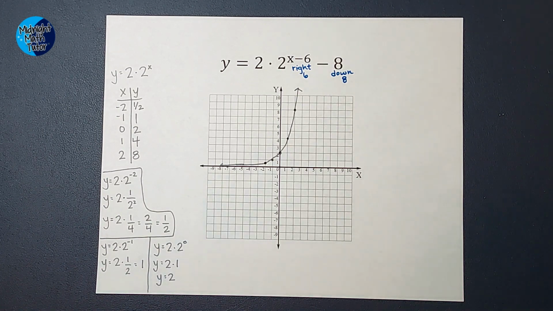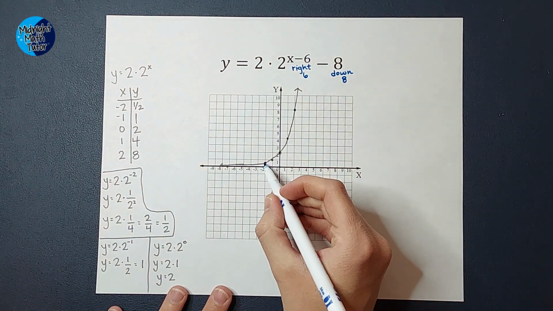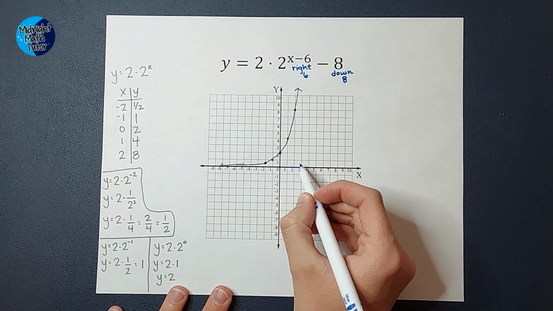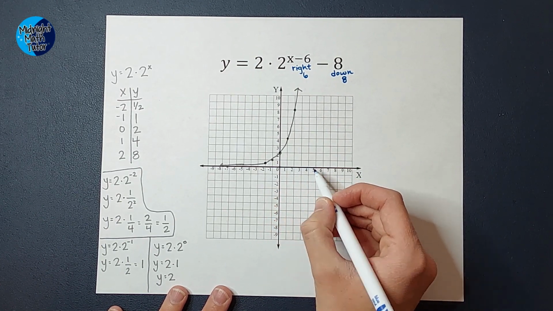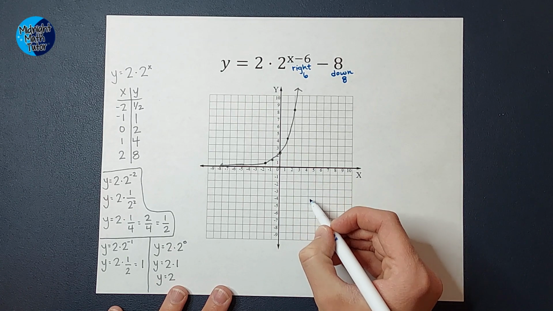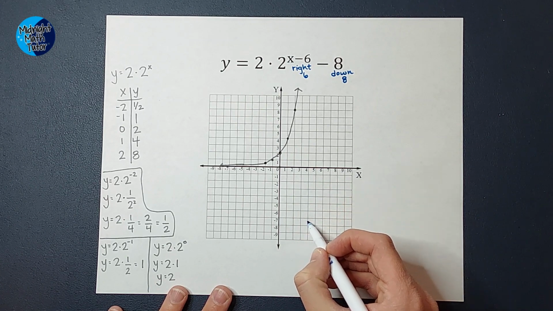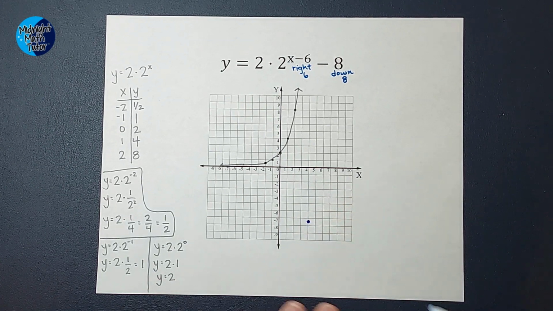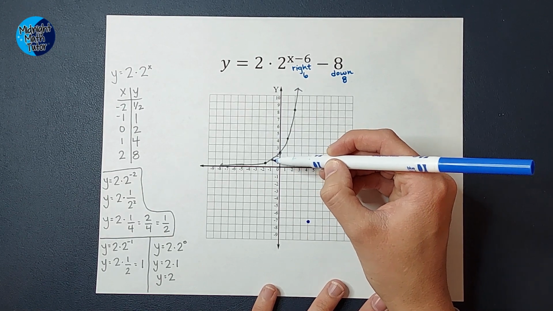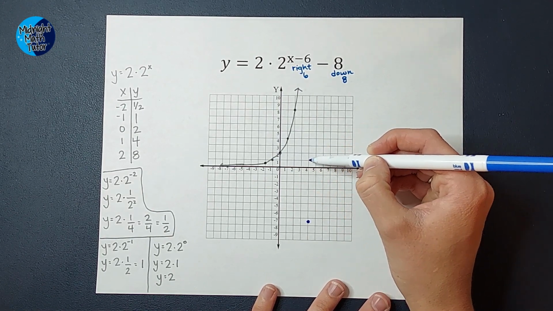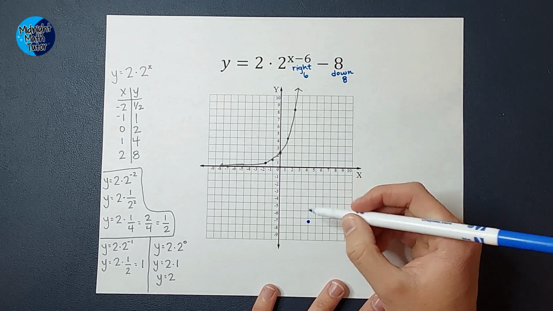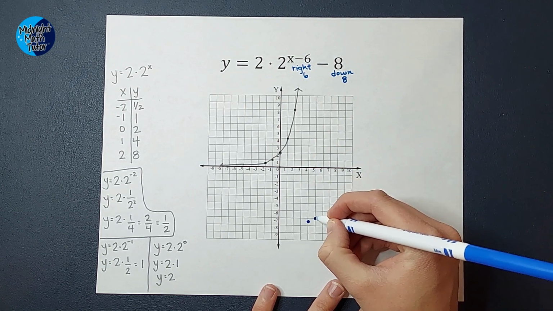And I can do that with each point. So I'm going to start here and go to the right 6, 1, 2, 3, 4, 5, 6, and down 8, 1, 2, 3, 4, 5, 6, 7, 8, right there, okay? Same with this guy. I'm going to go to the right 6 and down 8, okay?